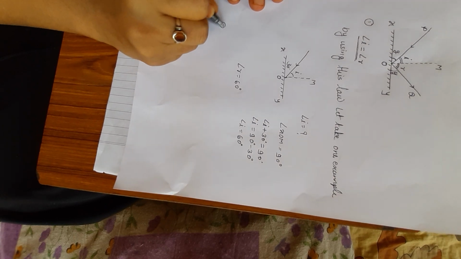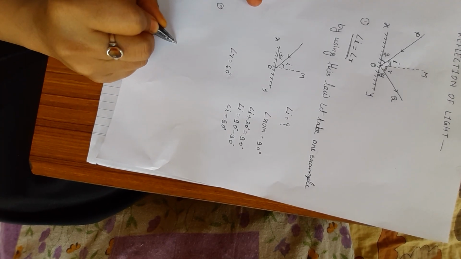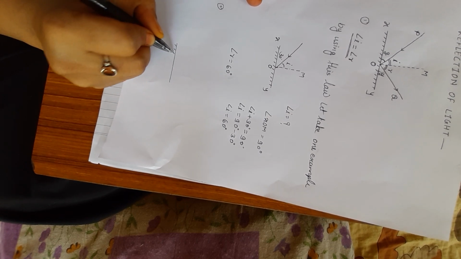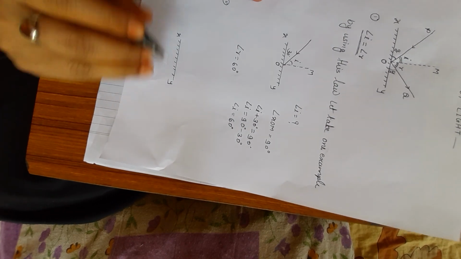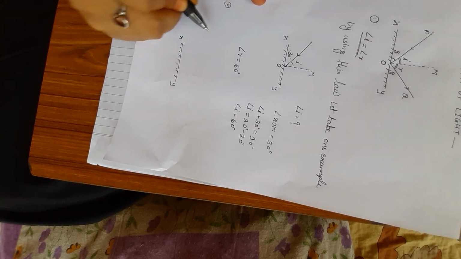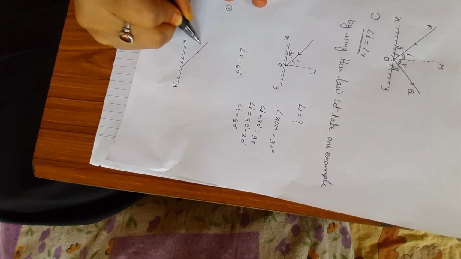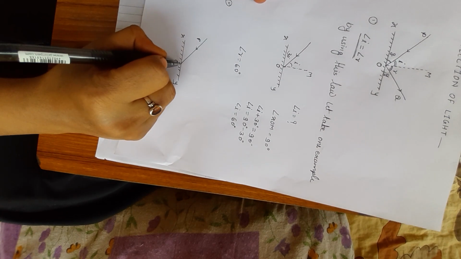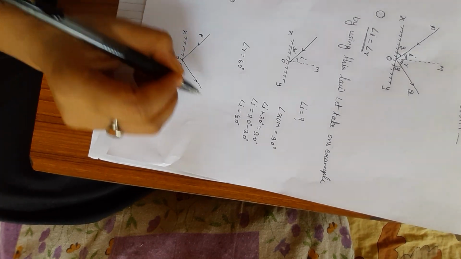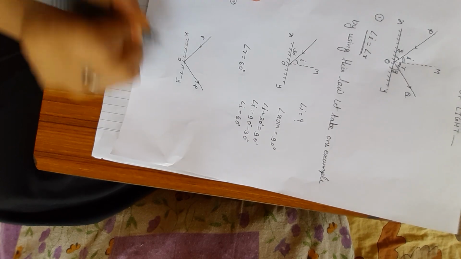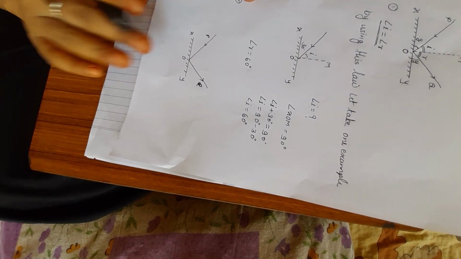One more example. Let's consider in the same way a reflecting surface XY. If I draw only the incident ray like this, PO, and this is the reflected ray OQ.